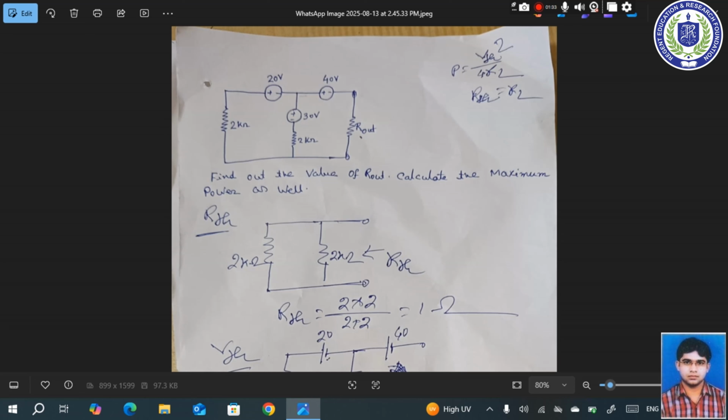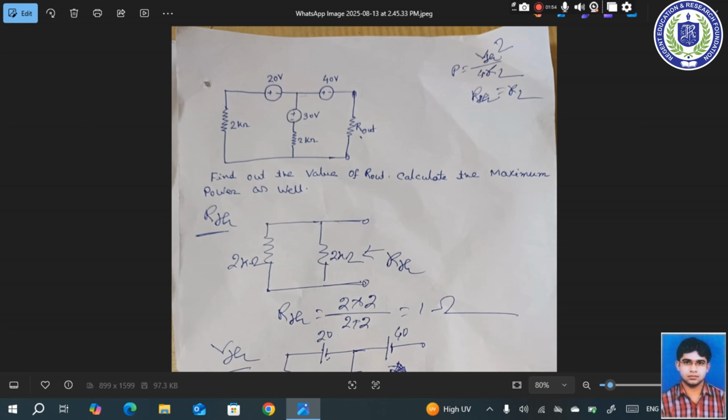It also needs a condition, that Ri equals RL, where RL is the load resistance and Ri is the internal resistance. In that particular case, RL equals RTH.